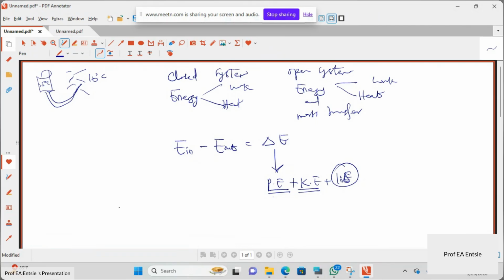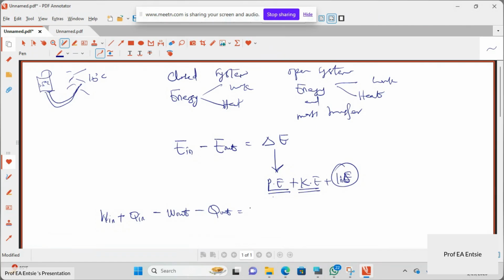If we are talking about a closed system, energy input, we said energy is either work or heat. So we can have work input, and another input will be what? We can have heat input. So if we have this as input minus the output, we can have work being done by the system as an output work, minus heat lost by the system, heat out, Q out.